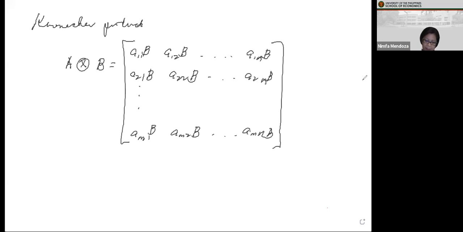This is sometimes also called the tensor product, and sometimes the direct product.